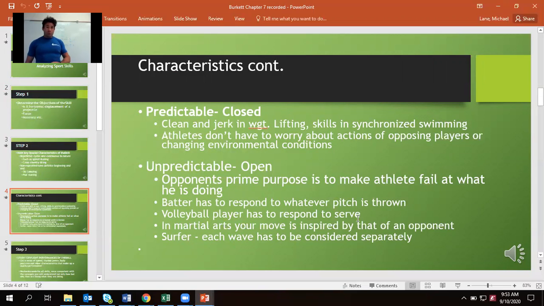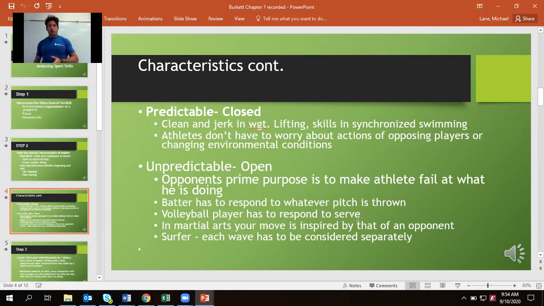Now, your ball sports, your combat sports, all of those are going to be unpredictable, which is you have an opponent that is trying to obviously make sure that you're not successful in one way, shape, or another. So the game is going to change as we play it, and we have to be able to effectively make modifications on the fly.